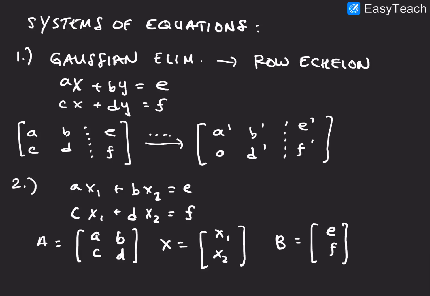certain stuff together. Let's say we group all these leading coefficients into one matrix. We're going to call that matrix A, and A consists of a, b, c, and d.